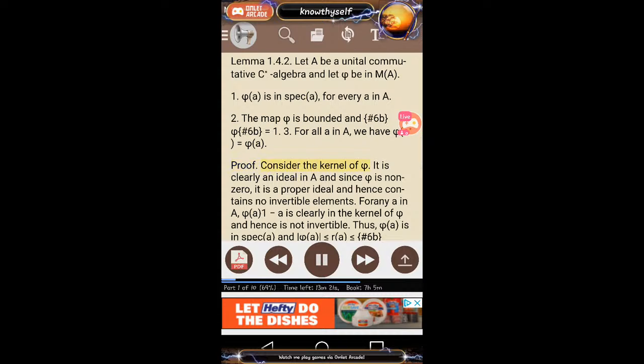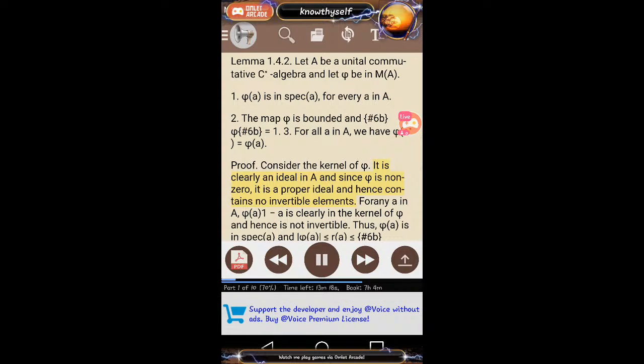Proof. Consider the kernel of φ. It is clearly an ideal in A, and since φ is non-zero, it is a proper ideal and hence contains no invertible elements. For any a in A, φ(a)1 − a is clearly in the kernel of φ and hence is not invertible.